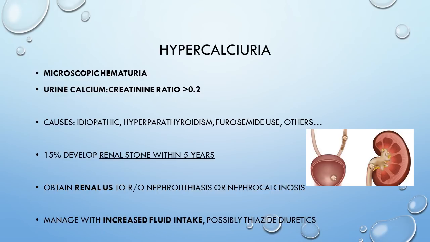And the way that we manage hypercalciuria is we make sure that these kids are drinking plenty of fluids. And then if I were to diagnose this, I would refer them to a pediatric nephrologist so that they could follow them really closely and decide whether or not they may need a thiazide diuretic to help decrease the amount of calcium in their urine.